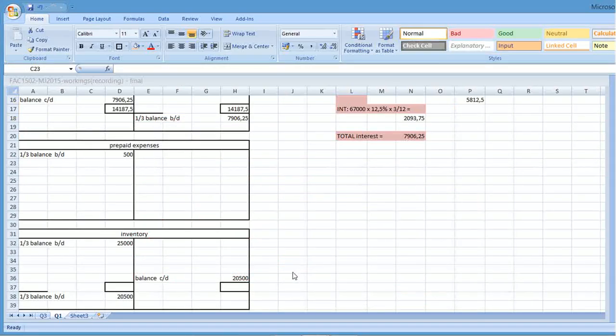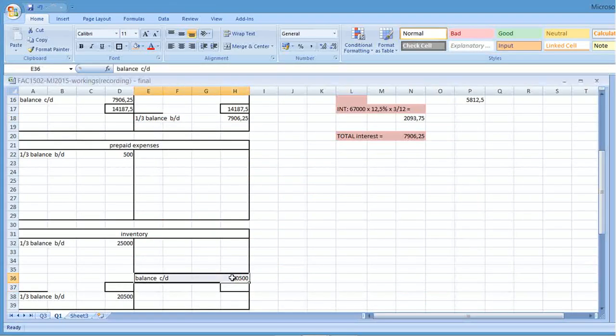They just gave you the opening balances and the balance that was carried down and brought down. So that was the balance at the beginning, that's the balance at the end. You would obviously expect to see cost of sales here. That's the question mark. And then you'd obviously expect to see purchases here, because inventory is an asset that will go up. That's what you're expecting to see, but that wasn't given in the question.